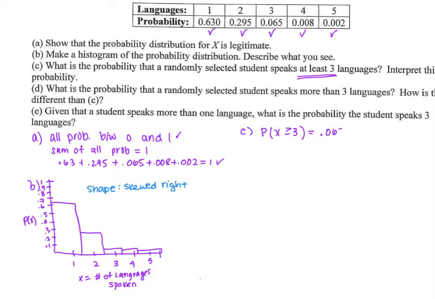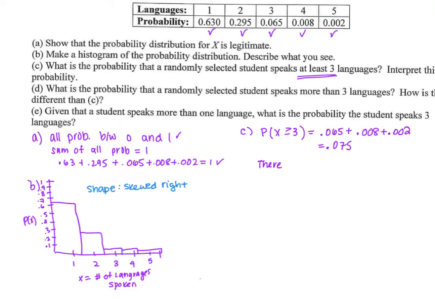So 0.065 plus 0.008 plus 0.002 equals 0.075. If we want to interpret this probability, that means there is a 0.075 chance that a person speaks at least 3 languages.